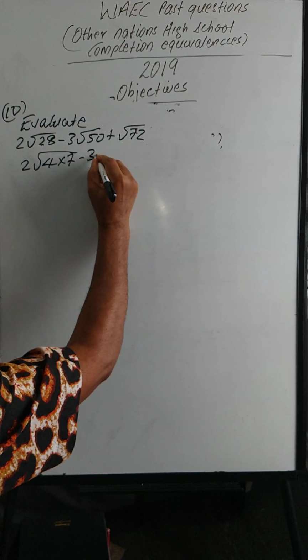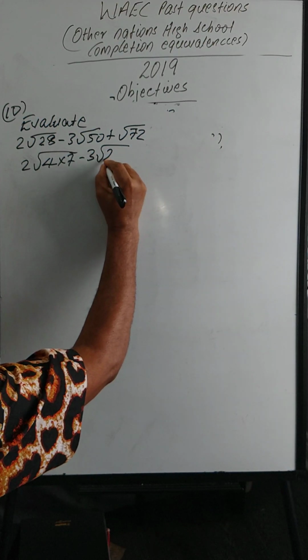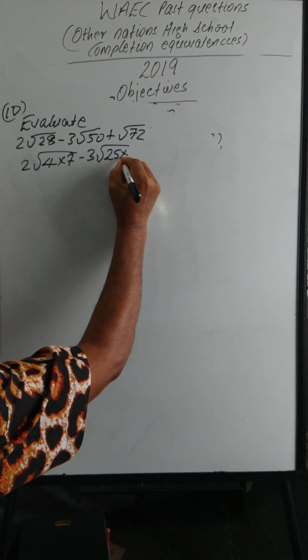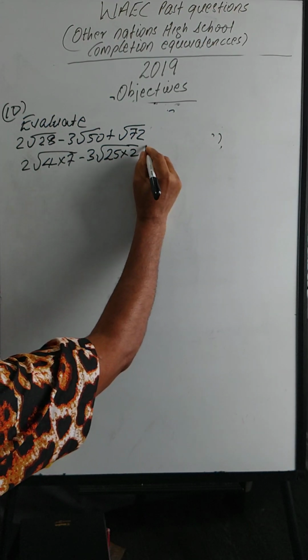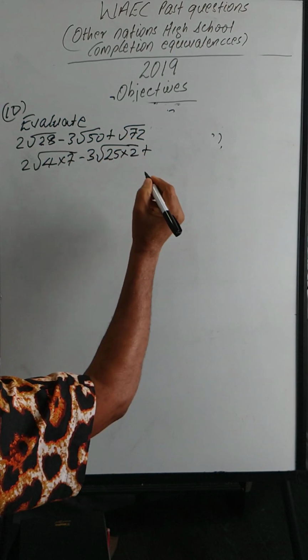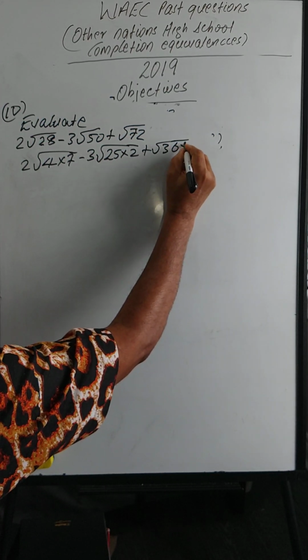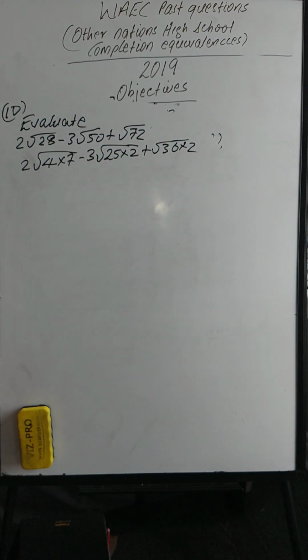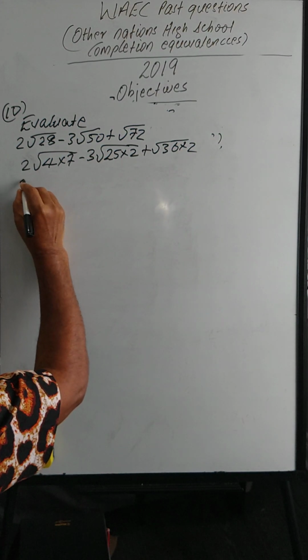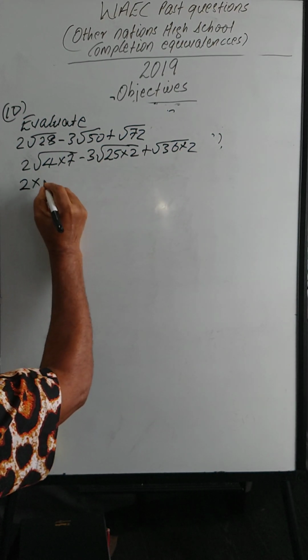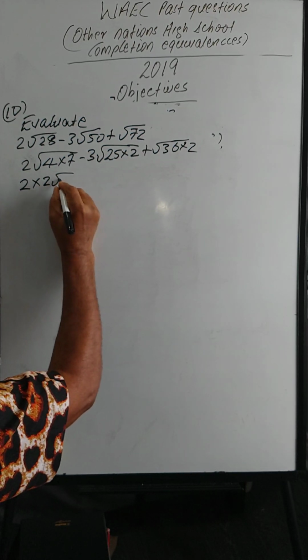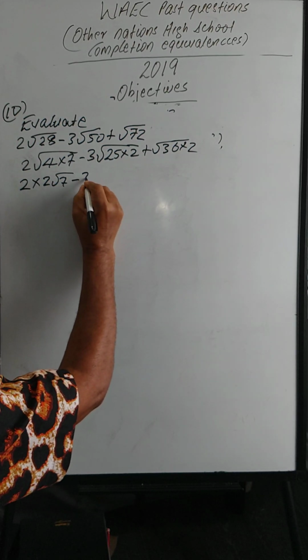Minus 3, so 25 times 2, plus so 36 times 2. This is 2. The square root of 4 is 2. So 7 minus 3.